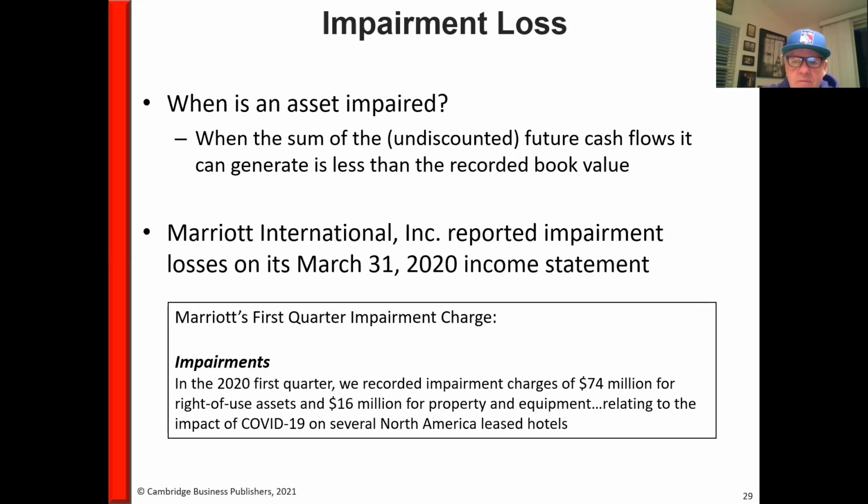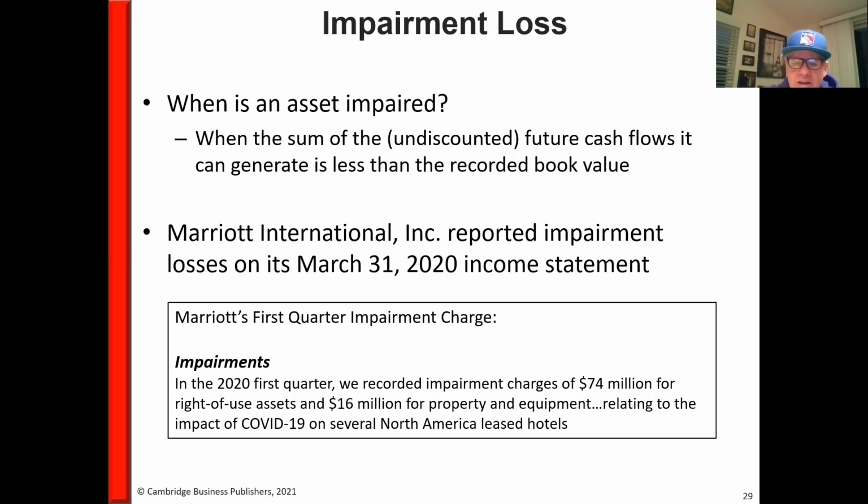A couple of you again are looking at impairment and the impact of COVID. So look what Marriott is saying here in their income statement as of their first quarter, March 31st, 2020. They said in the first quarter, we recorded impairment charges of $74 million for the right of use assets and $16 million for property, plant, and equipment related to the impact of COVID-19 at their leased hotels.